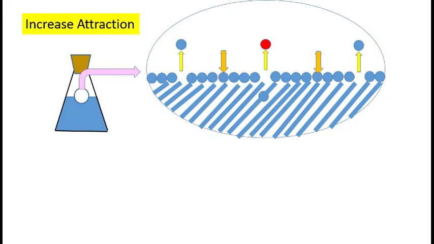If they're harder to pull apart, there should be fewer that escape, and more gas molecules should be pulled back down into the liquid. The net result should be fewer molecules in the gas phase. We would observe that as a lower vapor pressure. So our conclusion is that as intermolecular forces get stronger, the vapor pressure decreases.